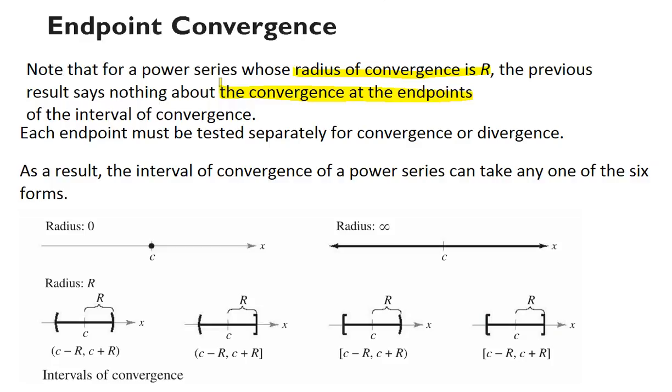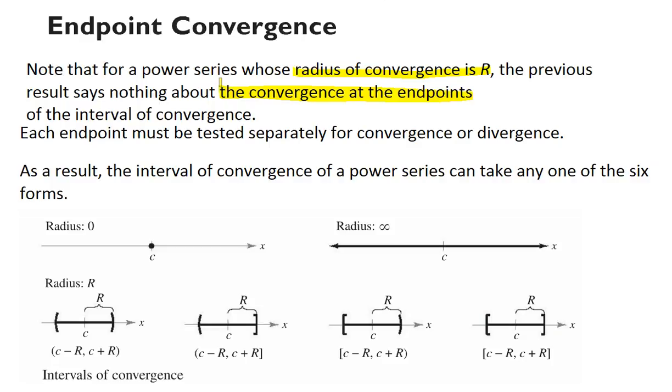So if you end up getting an interval, say x is between 1 and 3, we know for sure that the series is convergent for all values of x between 1 and 3, but we don't know what's happening to the series at x equals 1 or at x equals 3. In other words, we don't know about its convergence or divergence at the endpoints of the interval.